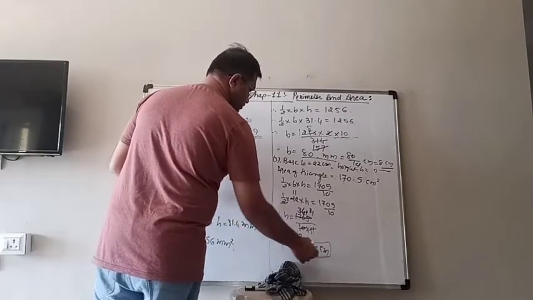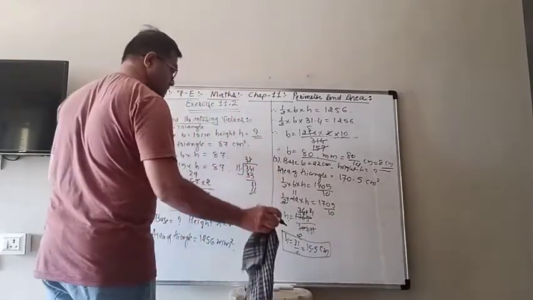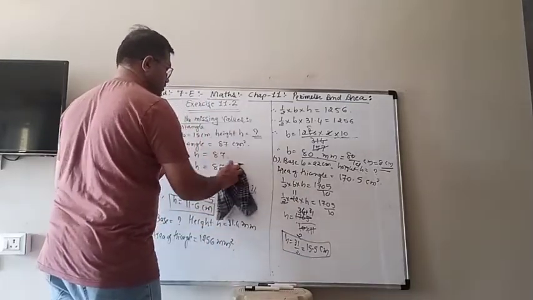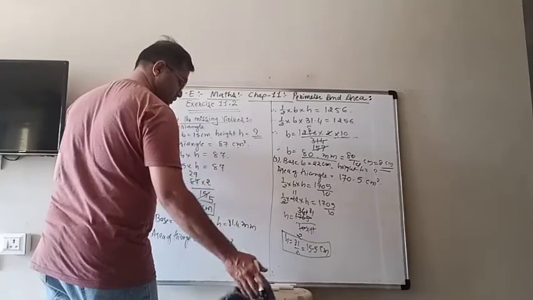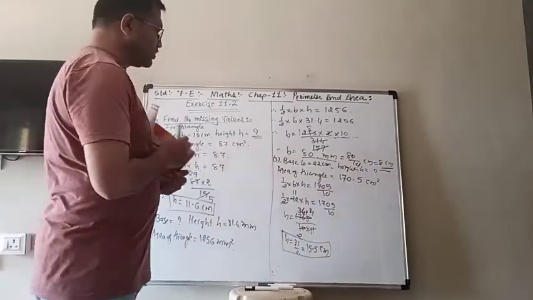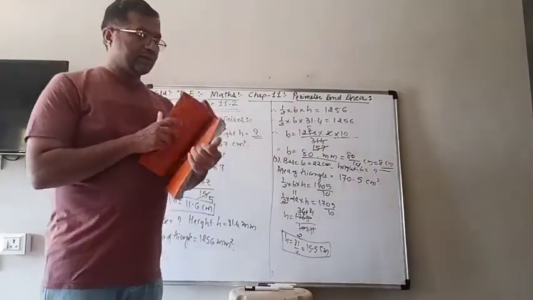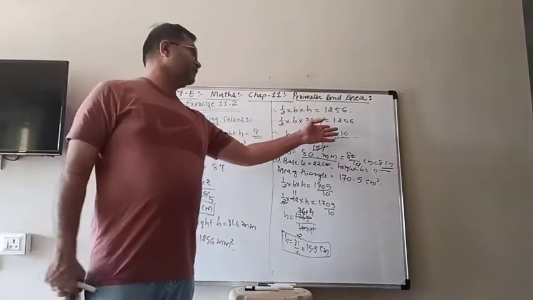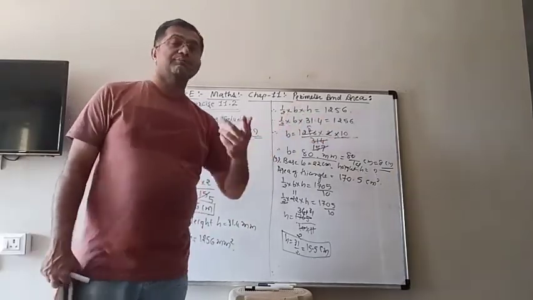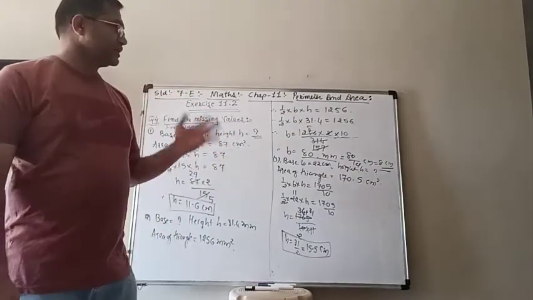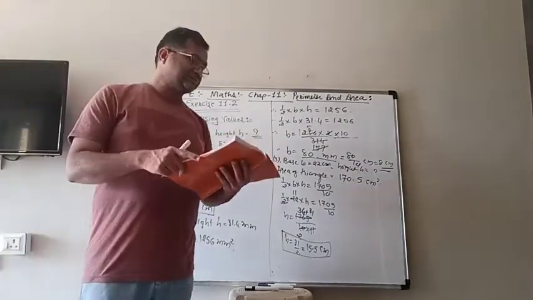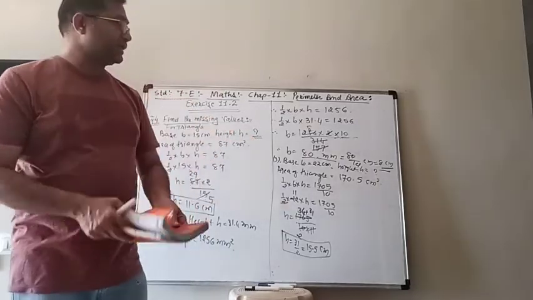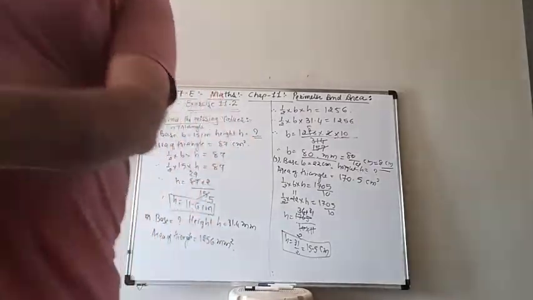So your height of the triangle will be 15.5 centimeter. Sometimes you have to find the area, but in some situations the area will be given and one of the base or height will be given and you have to find the missing values. So it is also very simple like this.